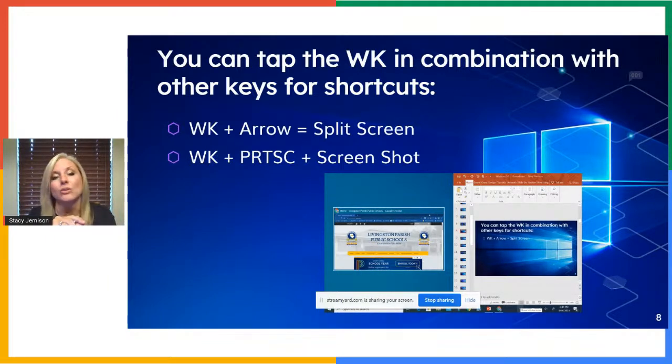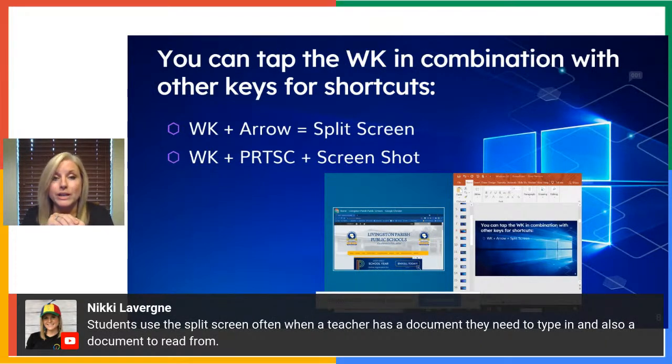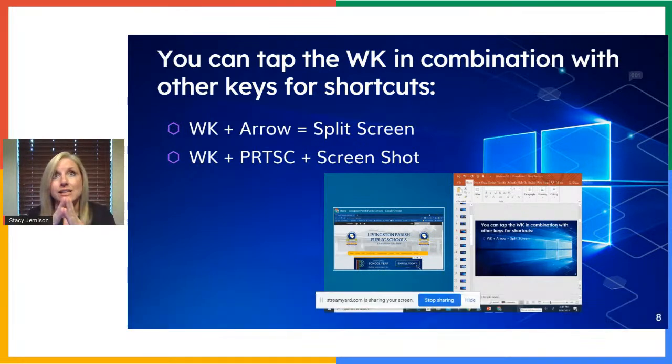The other thing that the Windows key can do is something called a screenshot. And a screenshot can be important if you're looking to capture something that's on your screen. Say it's an image or something. Now, of course, you can right click, copy image, things like that. But sometimes you can't do that if you're looking at web images. Sometimes it'll only let you copy the website or the web address itself.